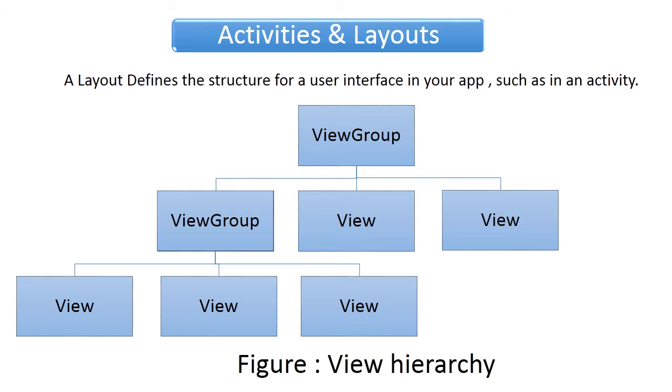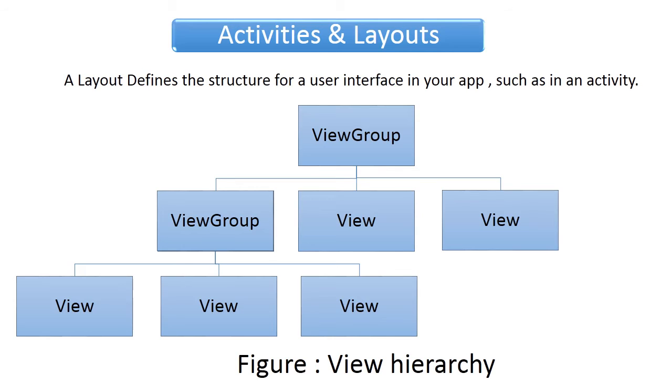Then layouts. A layout defines the structure for a user interface in your app, such as in an activity. All elements in the layout are built using a hierarchy of view and view group objects.